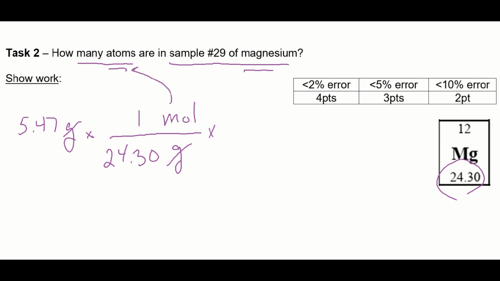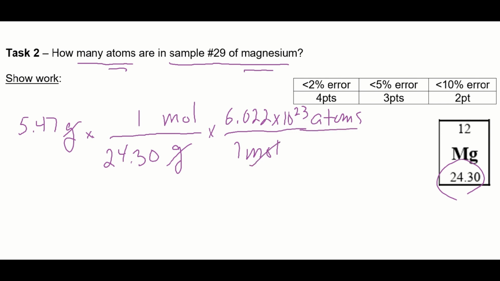I'm not there yet. I need to get atoms. So I can use Avogadro's number, or the conversion factor. 1 mole of anything is 6.022 times 10 to the 23rd of whatever I'm counting, in this case atoms. I cancel out the moles and punch these in my calculator.